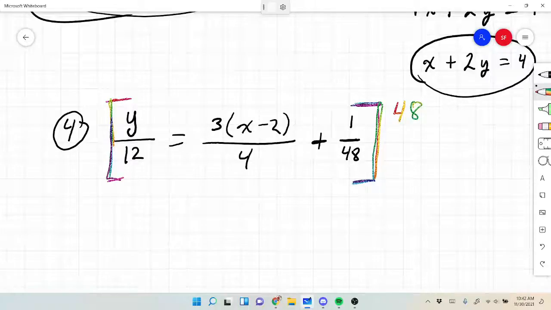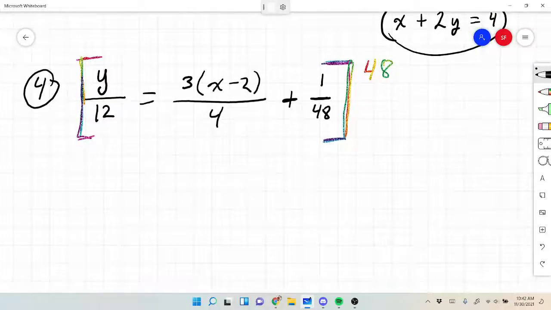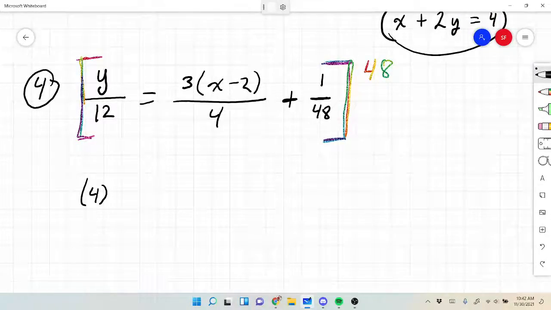Okay. 12 goes into 48 how many times? 4 times. So we're going to have 4 times y for this first bit. 4 goes into 48 how many times? 12.